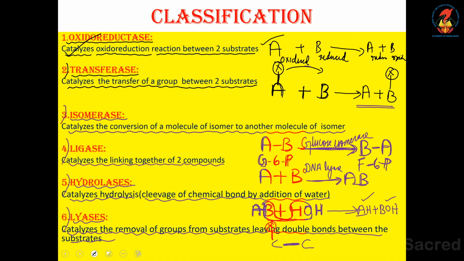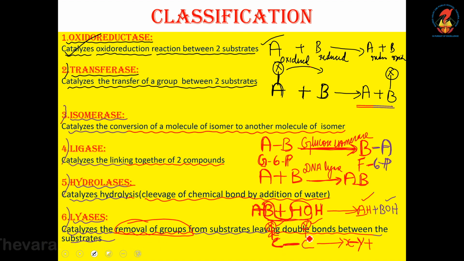Let this be X and the functional group attached to this C be Y. Now, what happens here? It is a removal of the groups. So, X and Y are going to be removed, and they get combined with the bond and form one product, plus the second product will be the two C's.